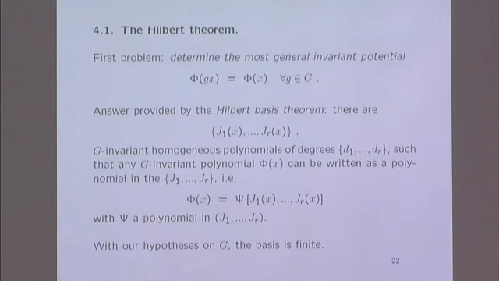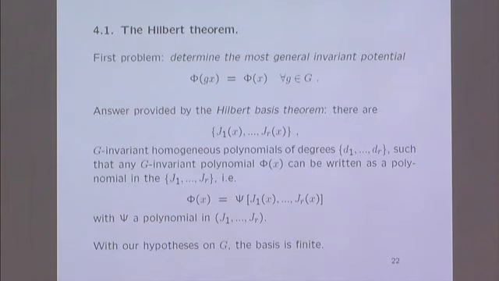So, first of all, there is this Hilbert theorem, which was already recalled in previous talks, which tells that if you look at the most general invariant polynomial, actually, there is a version of this for C-infinite functions, but I don't need it.